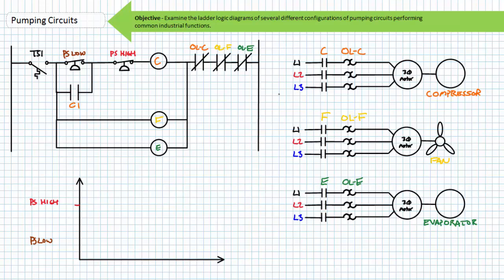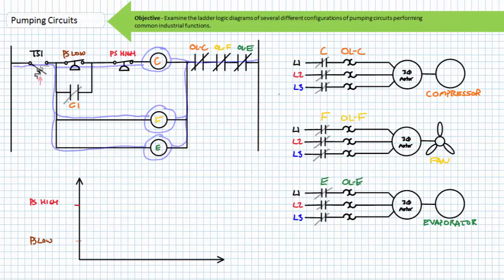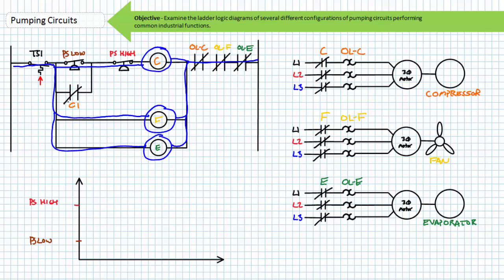Rung 3 is the contactor coil of the fan, F, and rung 4 is the contactor coil of the evaporator, E. If the temperature switch detects a temperature above its set point, it initiates operation of all 3 rungs. Rungs 3 and 4, governing the fan and evaporator, have no additional controlling logic, and the fan and evaporator primary contacts close. The fan and evaporator start fanning and evaporating as intended.